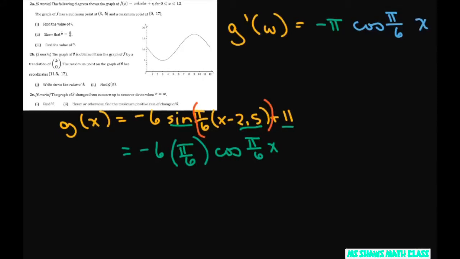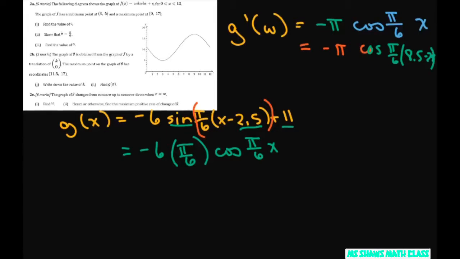All right. And to find the maximum change, you're going to write this as equals negative pi times cosine of pi divided by 6, and then you have your 8.5 minus 2.5.